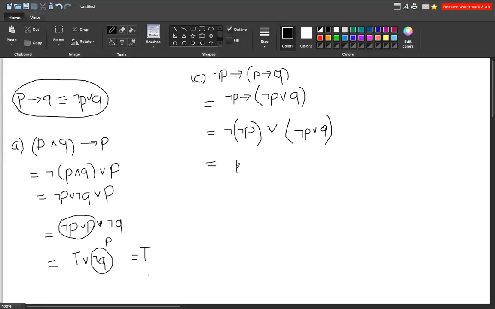Negation is going to be P or negation of P or Q. Okay, let's remove the bracket because nothing can be further solved in the bracket.